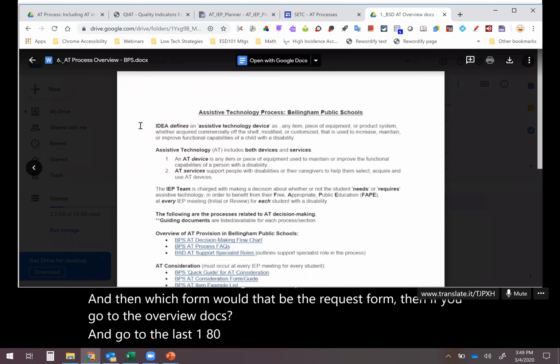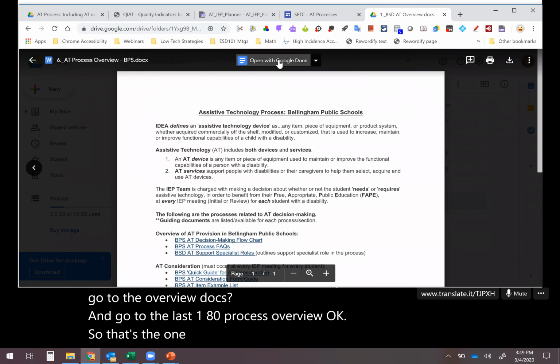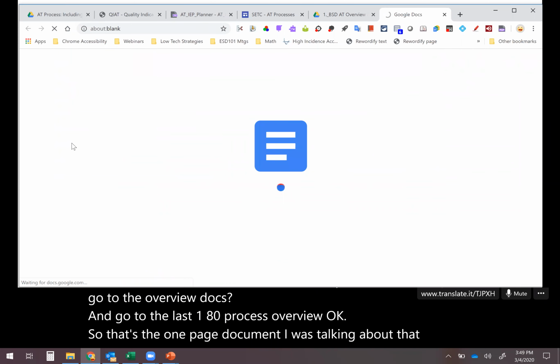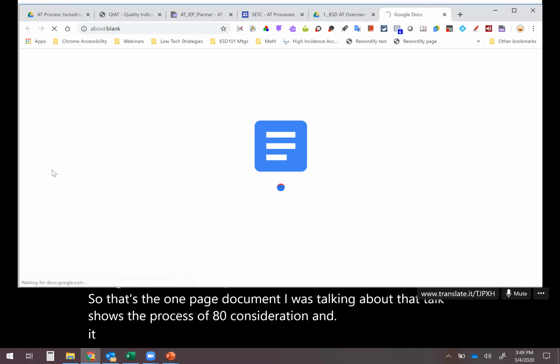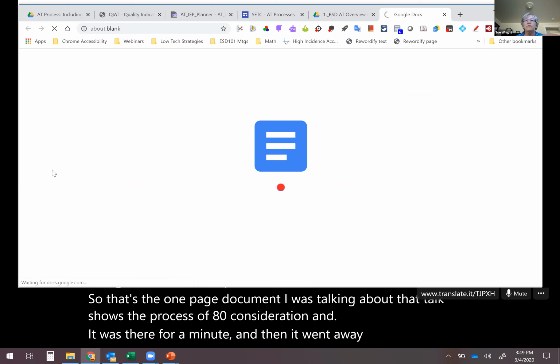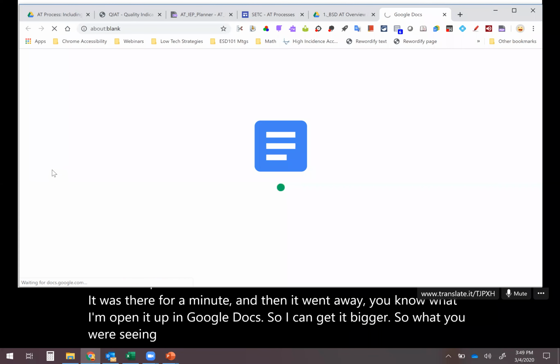Okay. So that's the one-page document I was talking about that shows the process of AT consideration. It was there for a minute and then it went away. I'm opening it up in Google Docs so I can get it bigger. What you were seeing was just a preview. This way it'll come up.